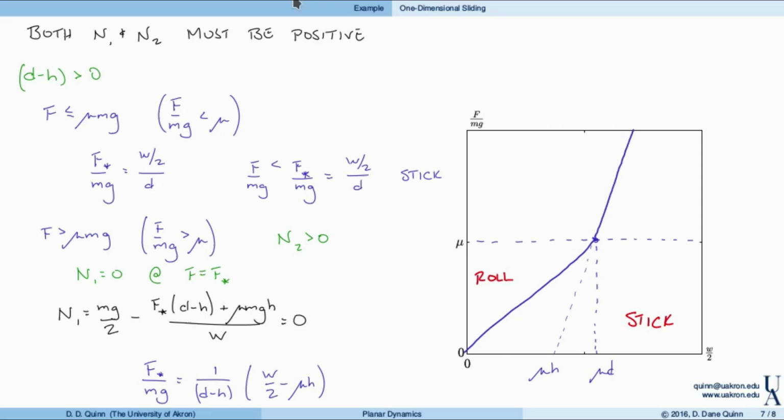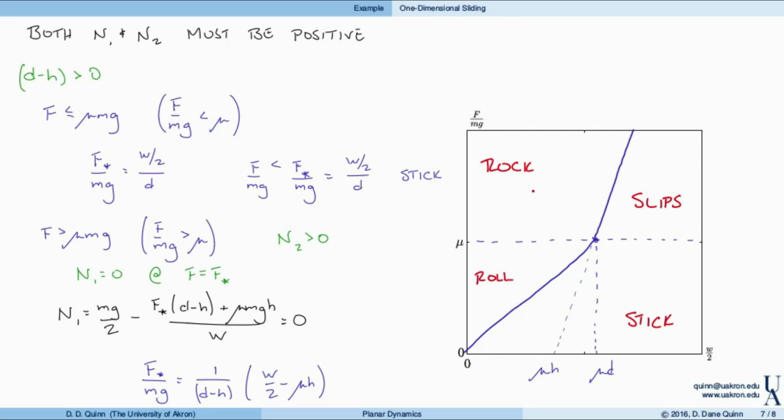So now we see that in this region, w over 2 is large enough relative to F over mg that the block slips. While if w over 2 is small but F over mg is large, in this region, I'm going to say that the block rocks.